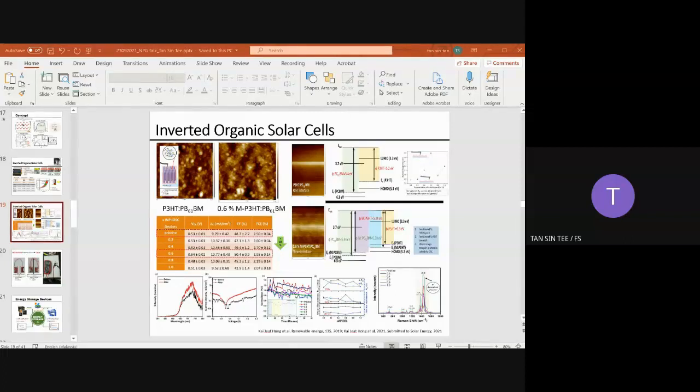After that, we narrow down our study range, and then optimize how good the incorporation of our indium sulfate into the P3HT is.